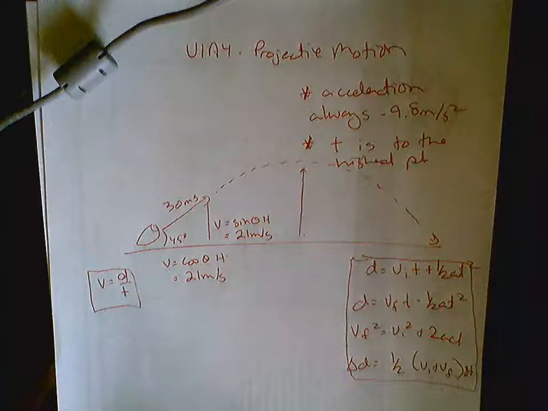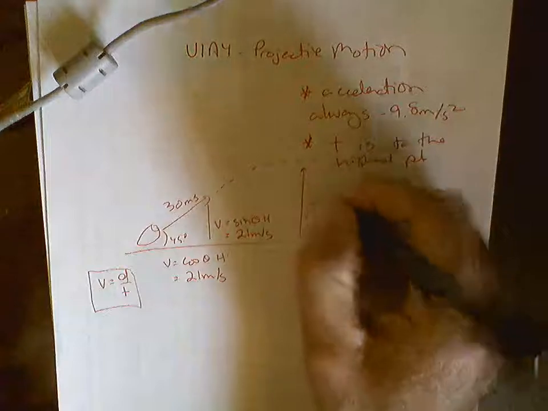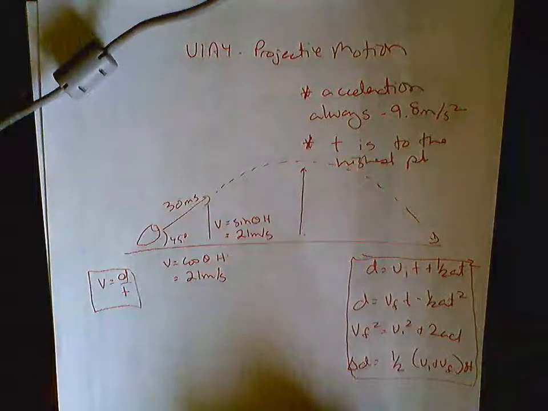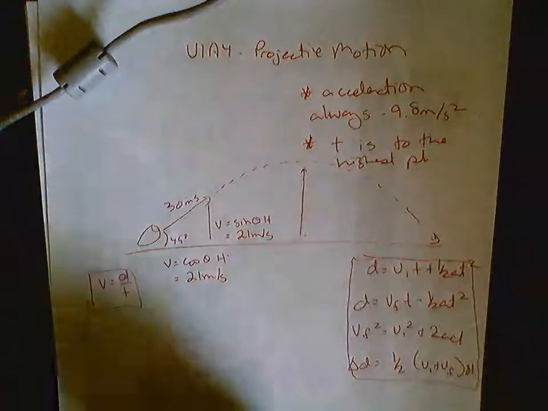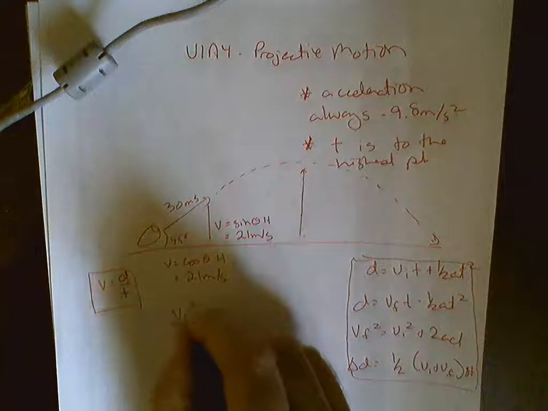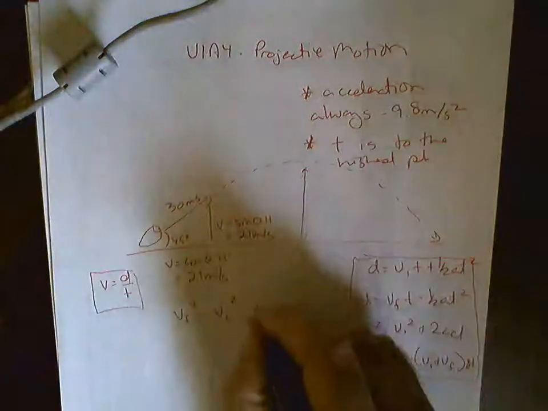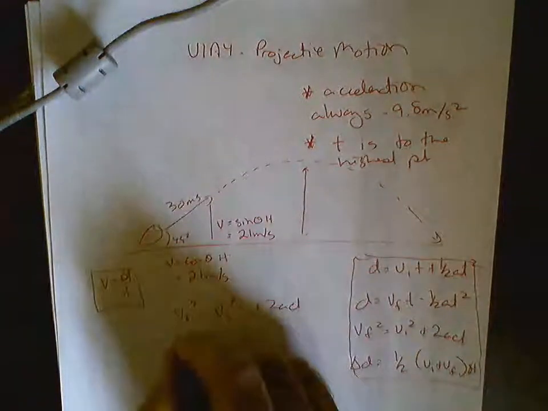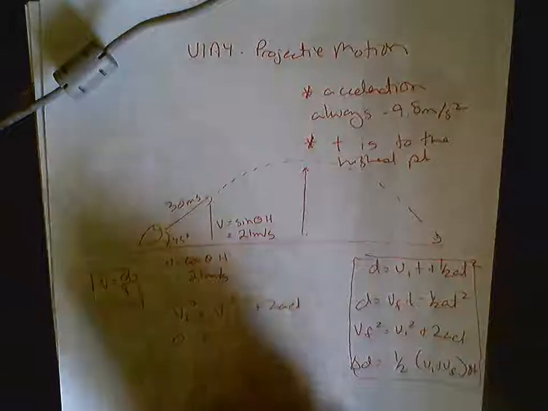Now we can start taking a look at getting some information out of here. The first thing I want to do is find the distance to the top. If I'm going to do that, I am going to have to get a d value somewhere. So I'm going to use this formula here, Vf squared equals Vi squared plus 2AD. Your final velocity is going to be 0. 0 squared is 0.